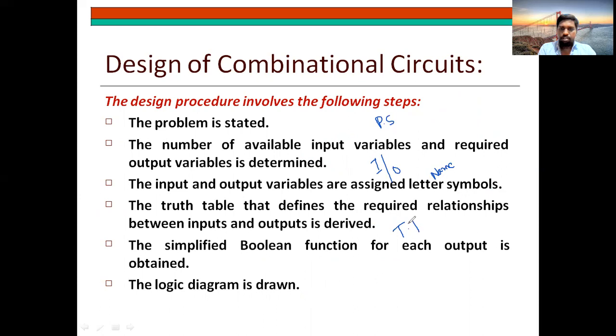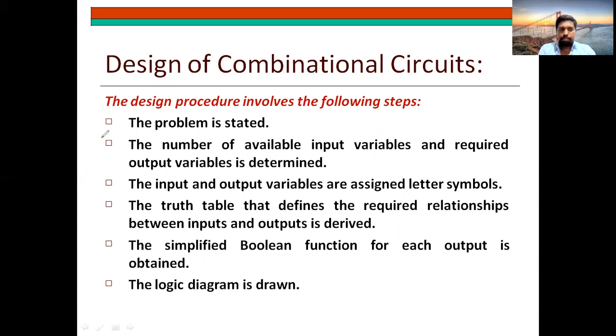Step 5 is simplification. And the last one is drawing the logic diagram. So these are the basic 6 steps you need to follow for designing any digital circuit, right?